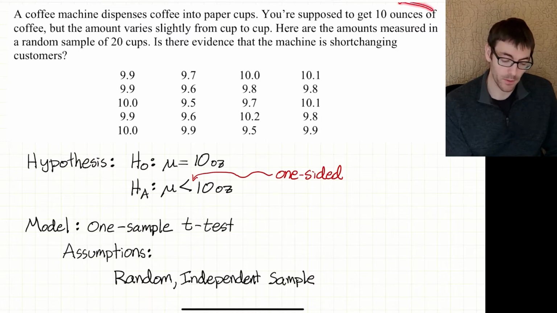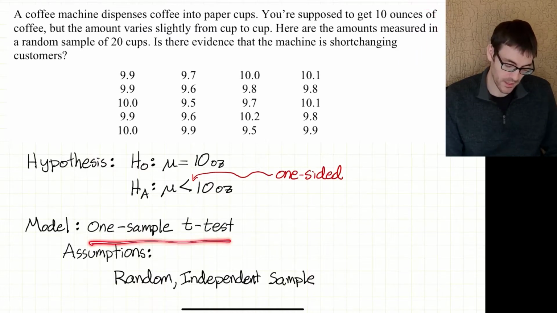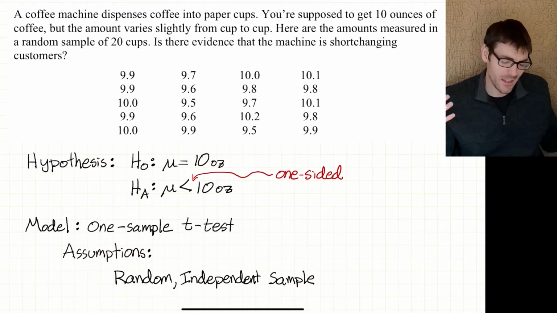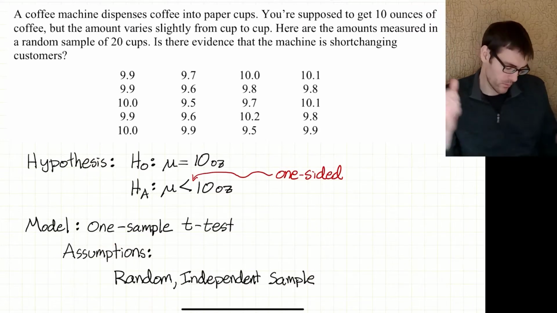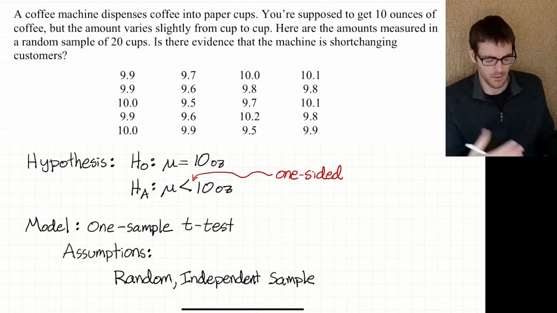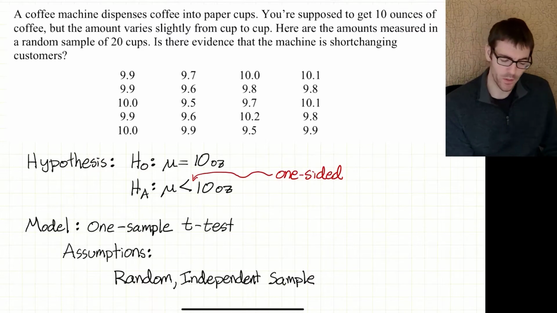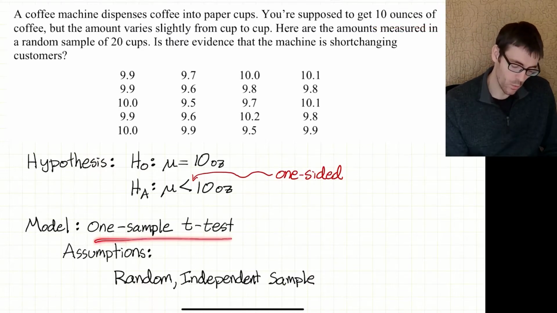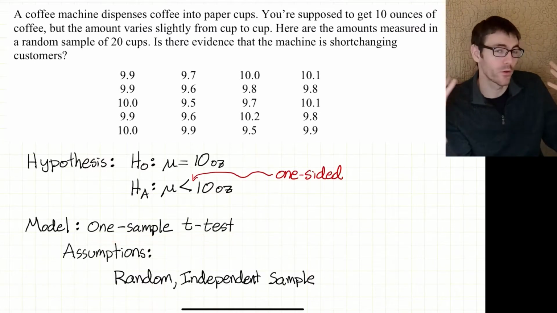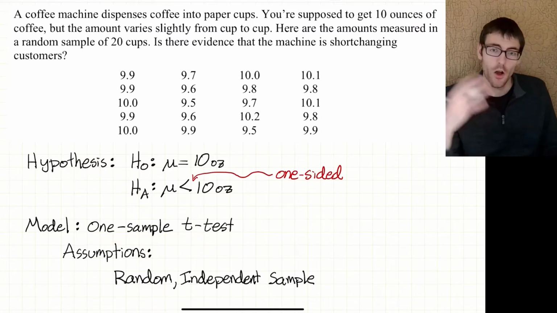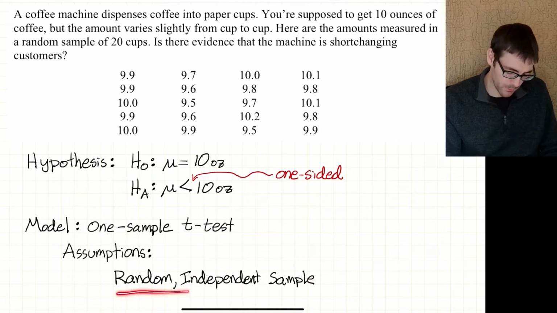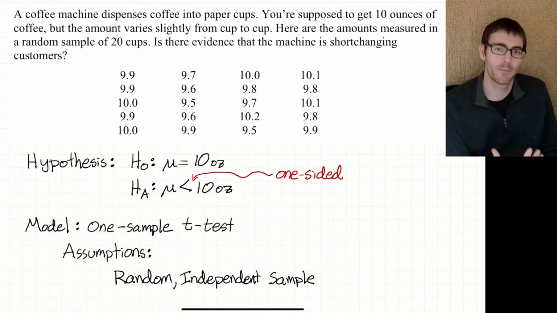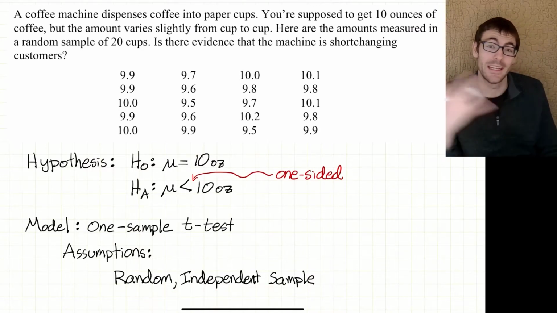All right, before we go any further, it's a good idea to check our assumptions that the situation that we're trying to apply a one-sample t-test to is a suitable situation. And so I'd probably say that the first, maybe unspoken assumption is that we're dealing with a quantitative variable. It only makes sense to use one-sample t-tests when we're working with quantitative variables. Okay, but the first main assumption that we're going to be checking is that our sample is random and independent.